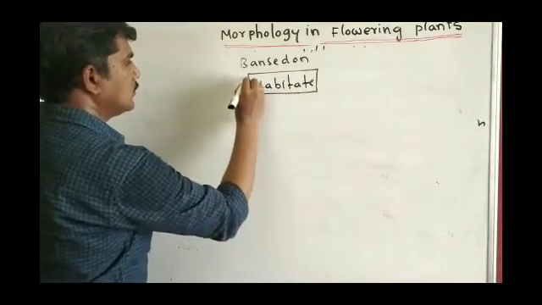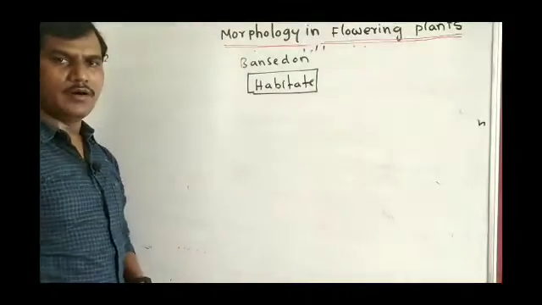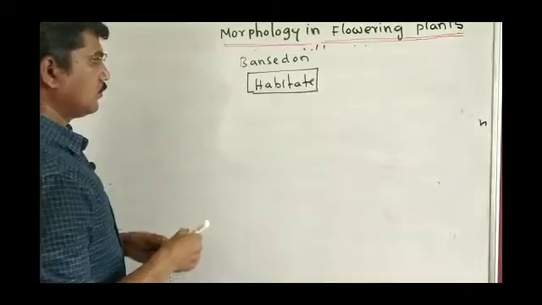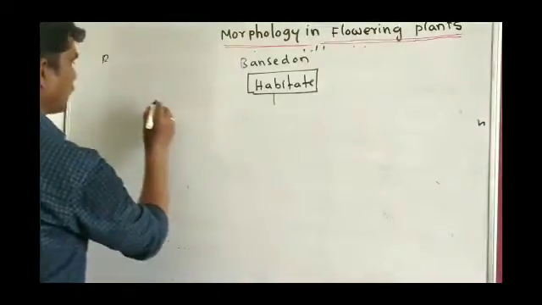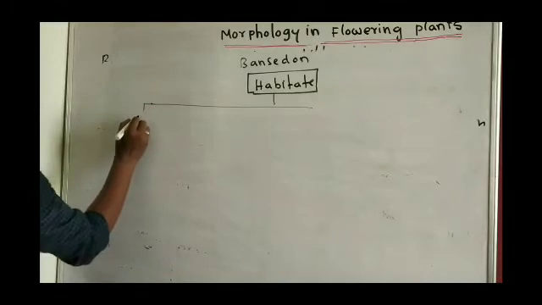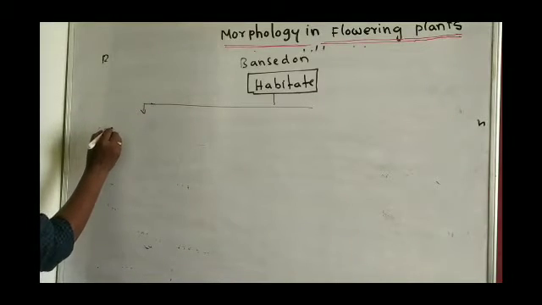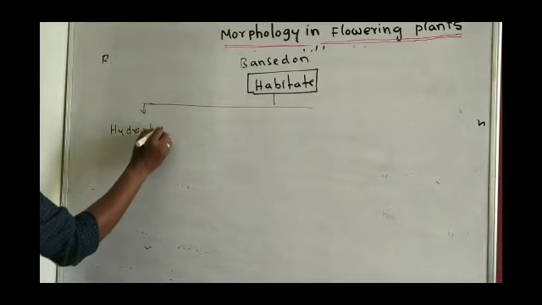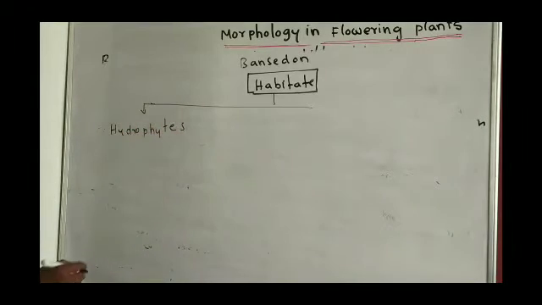In the previous class we discussed based on the habit. Now we are going to discuss based on the habitat. Now see the first point. The plants are hydrophytes. Those plants growing in the water we call hydrophytes.